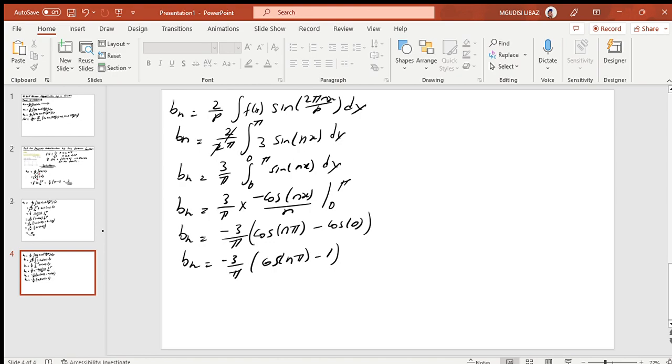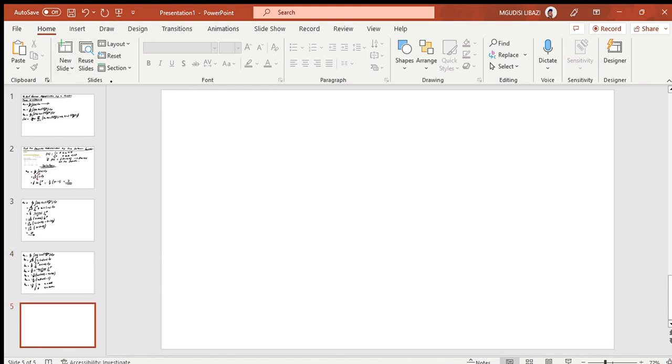Again, when you substitute values, as we did in the first videos, we'll notice that bn will be negative 3 over pi times values of negative 2 and 0: we get negative 2 when n is an odd number, and 0 when n is an even number. So that is our function there. Now we go again and find the last coefficient.